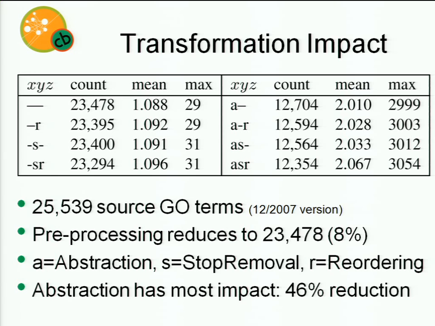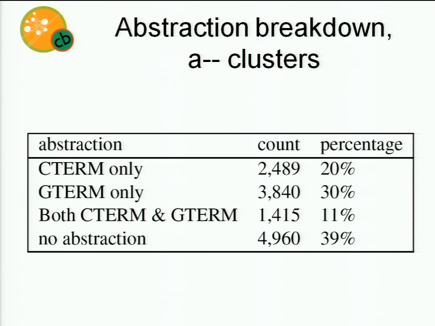So they were small changes, but they were significant. If we look at abstraction more carefully, and see how much of the abstraction was due to embedded ChEBI terms and how much was due to embedded GO terms, we see this breakdown here. You can see that both abstractions were actually important for achieving the clustering effect.